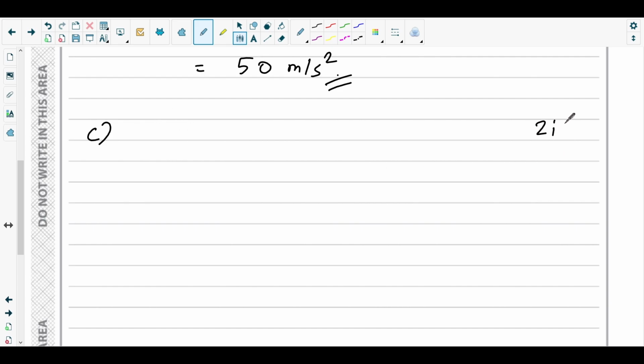Let me write it down on the right side: 2i plus j, this is the direction vector. So at time t equals capital T, the direction is 2i plus j. Direction is represented by the gradient.